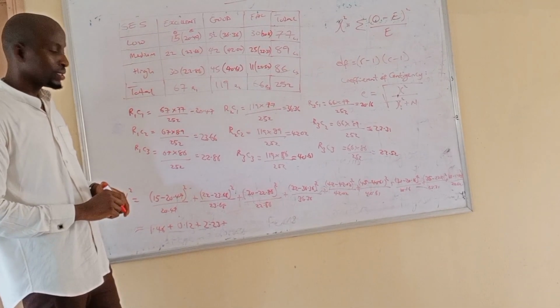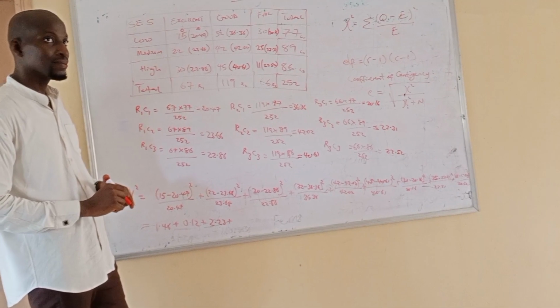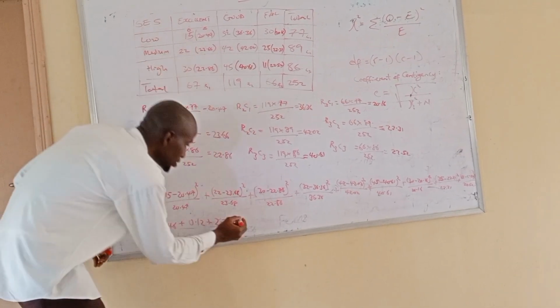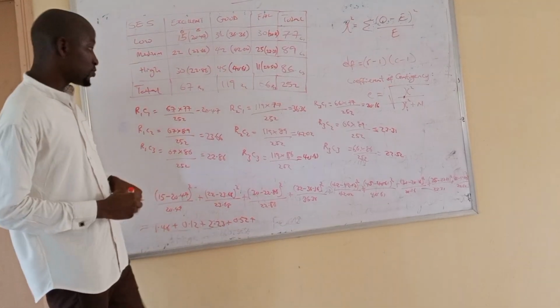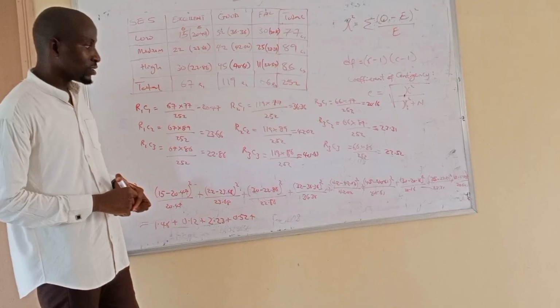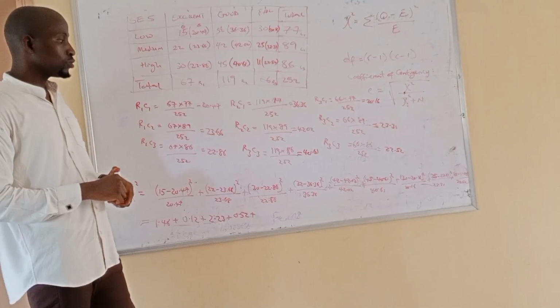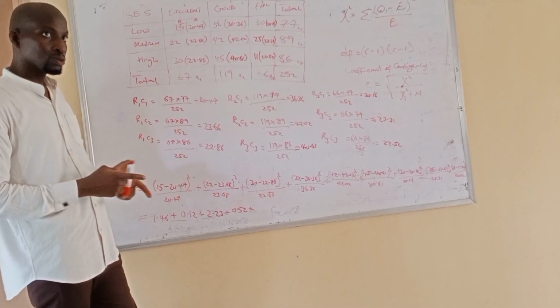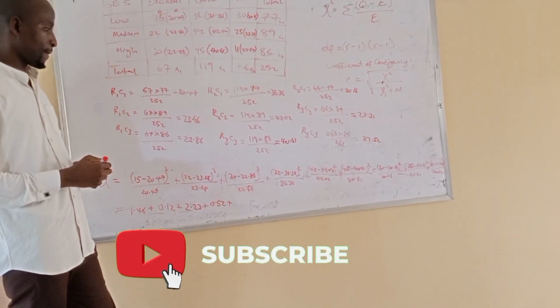You square it, then you divide it by 36.36. 0.52. The fifth one, 42 minus 42.02. 42 minus 42.02 squared divided by 42.02.